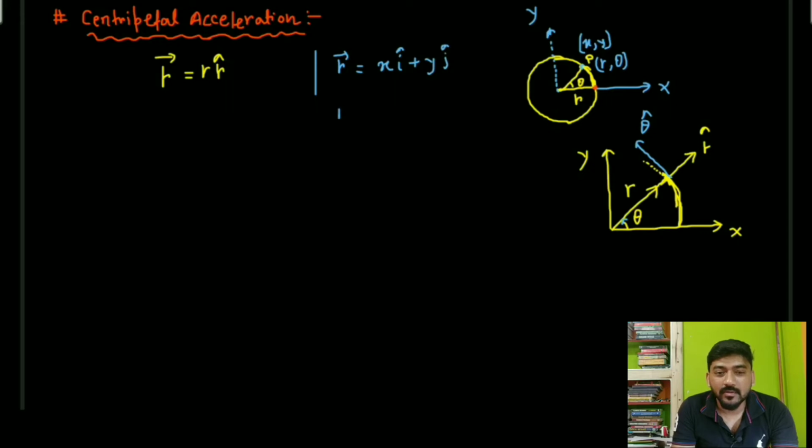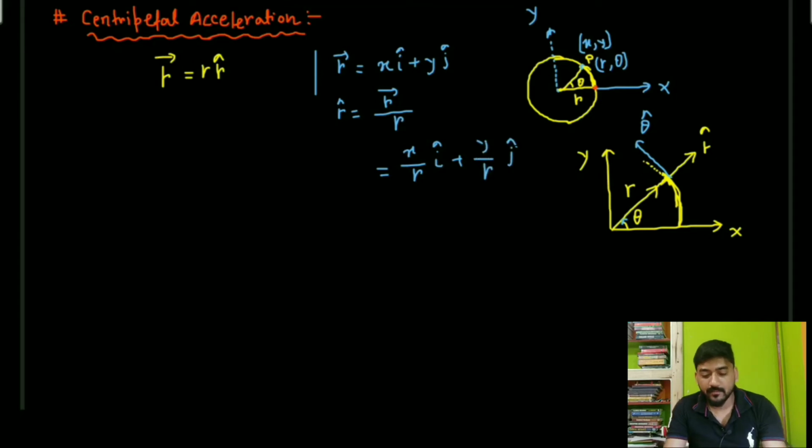So r cap will be r vector by mod r. If we put this value in place of r vector, x i plus y j divided by r, it will be x by r i cap plus y by r j cap.